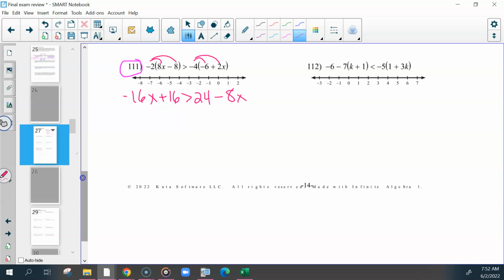And then you can pick and choose what you want to move. I'm going to move my 8x over and my 16 over. So add 8x and subtract 16 to get negative 8x and 8.